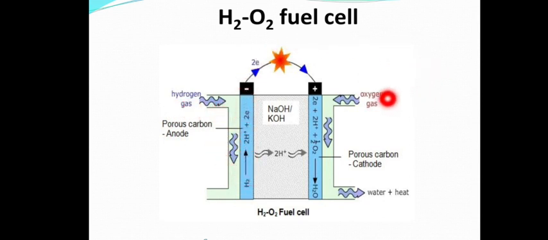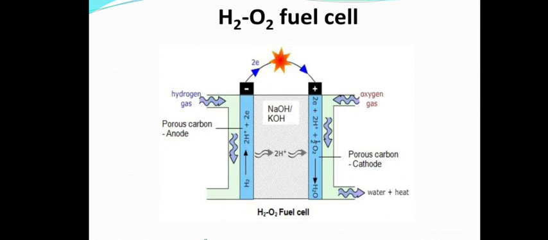The same H plus ions are undergoing reduction here. Electrons are passed from here, and the ions are picked up by the KOH and released here, is it not? So what you are getting here is water as a byproduct. Pure water you will get.